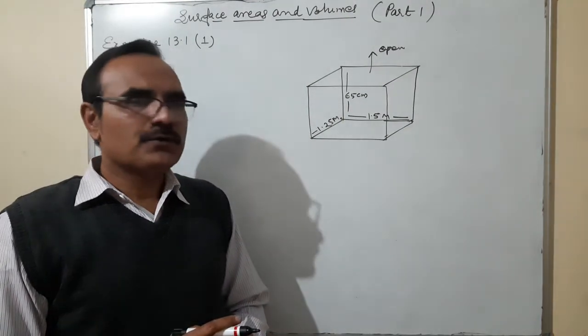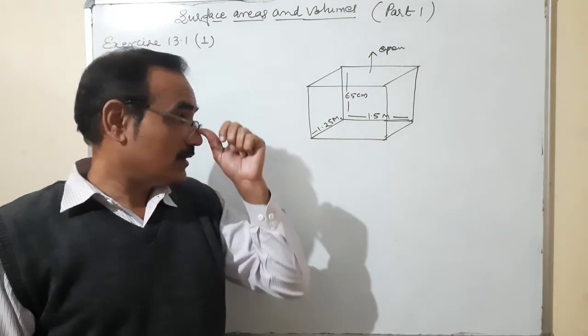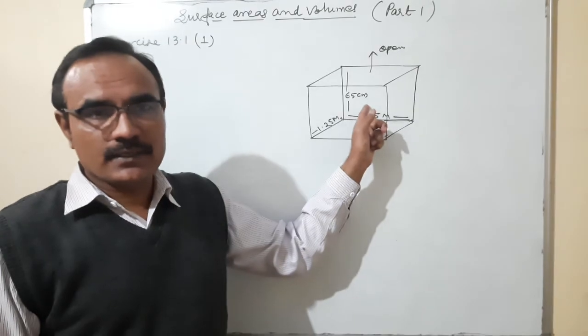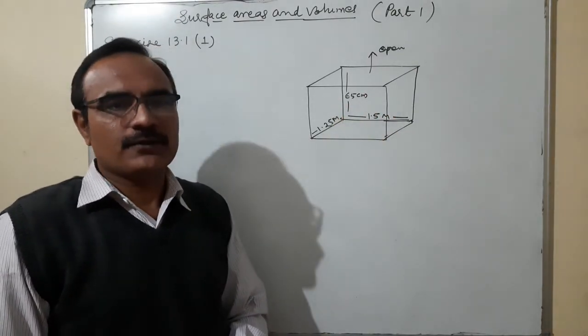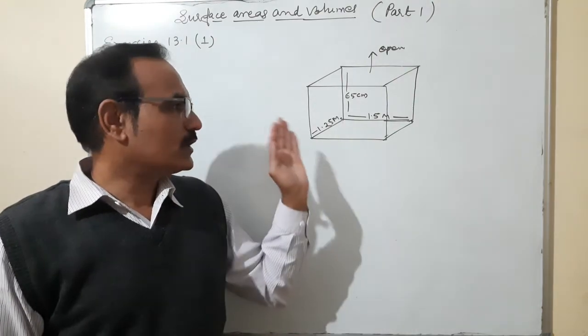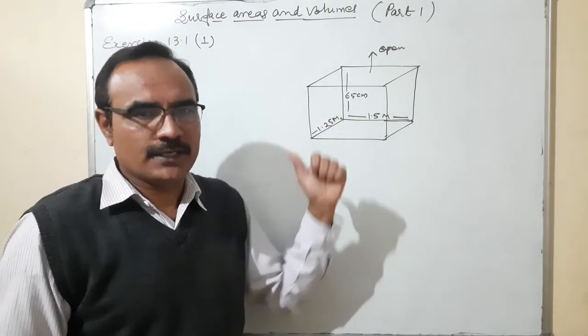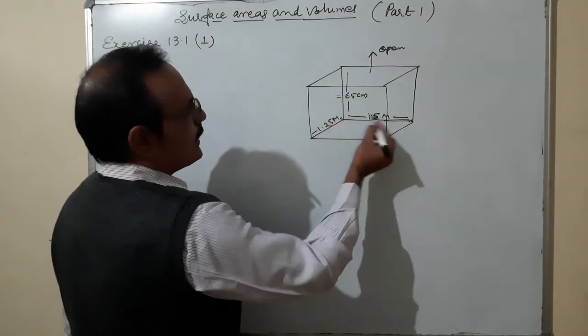Before solving any question, first of all, we'll have to convert all the units to the same measurement. If these are in meter, this must be in meter too. Otherwise, you will not get the correct answer. So be very careful when reading that all the units are in the same format, yes or no. If not, we will convert first.